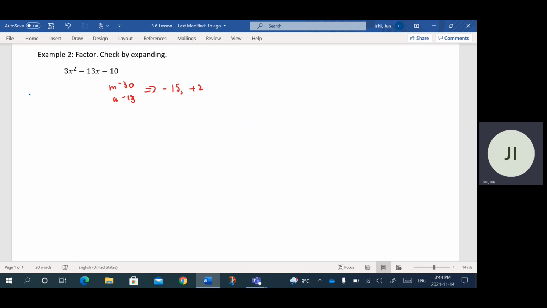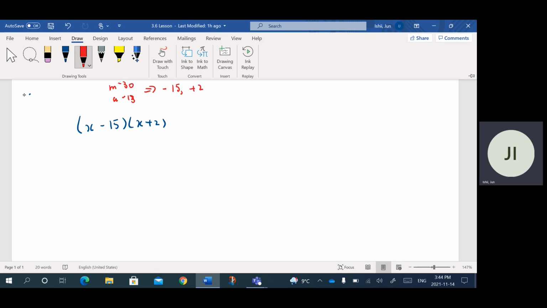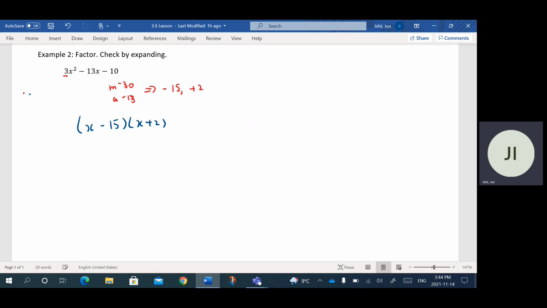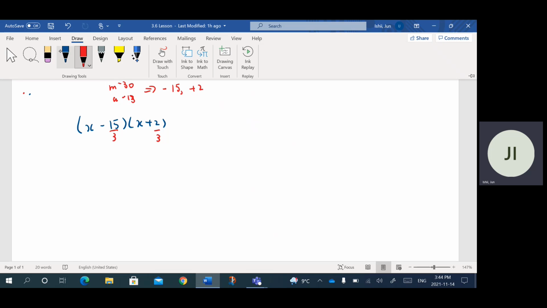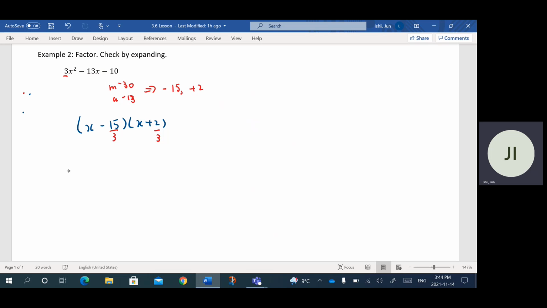So inside the brackets, I'm going to write x minus 15, x plus 2. And then I need to divide by the leading coefficient, or in other words, the number in front of the x squared. So this divided by 3, this divided by 3. All right. So the first bracket, we get x. 15 divided by 3 is 5, so x minus 5.